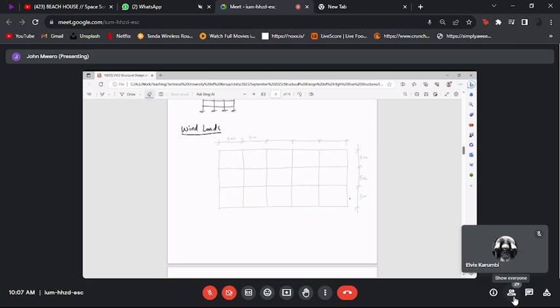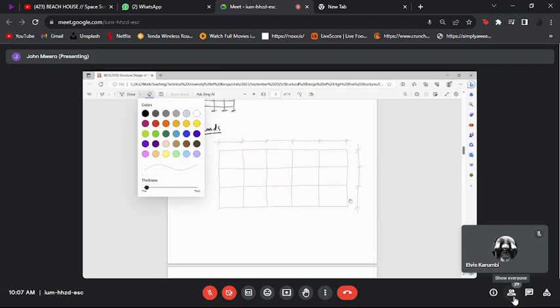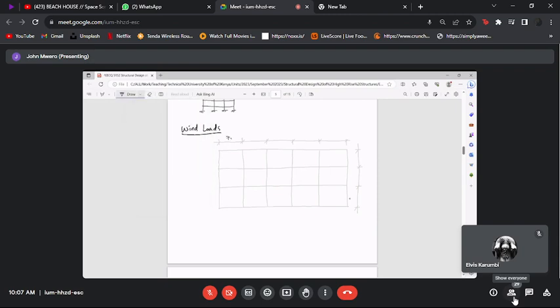Let me write the numbers with a slightly deeper pen. They're clearer. So here we're saying let's have 7 meters, 7 meters, 7 meters, 7 meters. And here let's have 5 meters.